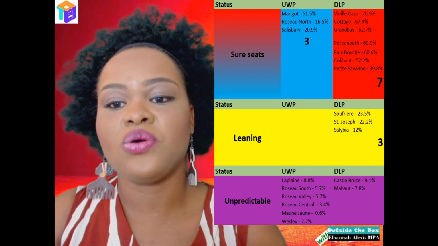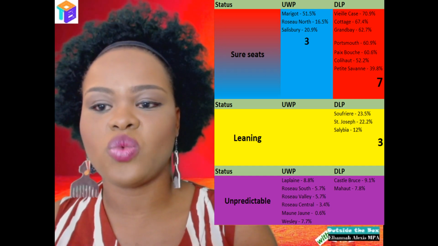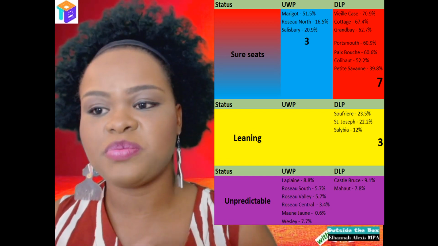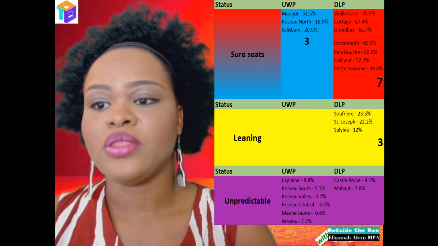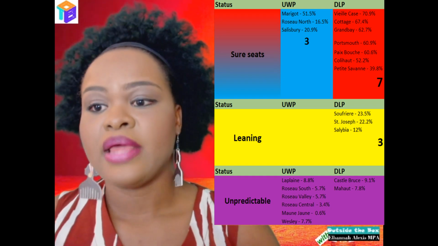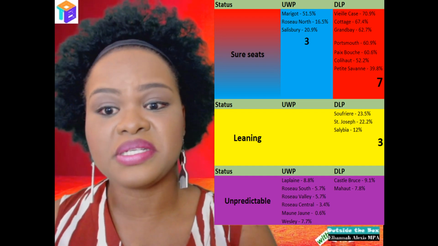Then I have in yellow the leaning seats. Now the leaning seats are the seats where we have a high-ish percentage, but it's easy to be decreased. Now the Soufriere constituency, I consider it leaning towards the Dominica Labour Party. The St. Joseph constituency, I also consider it leaning towards the Labour Party, but it's also possible.